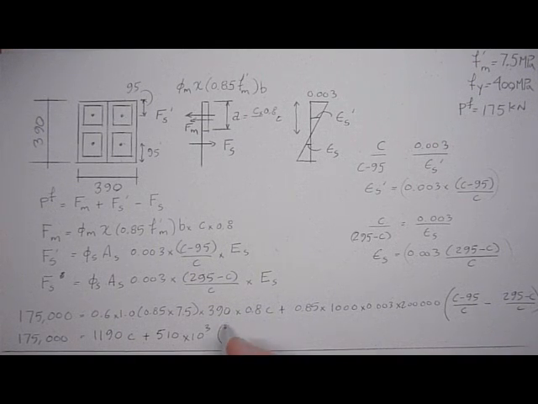And I'll just leave it like that. I'll say it's C minus 95 over C minus 295 minus C over C in brackets.